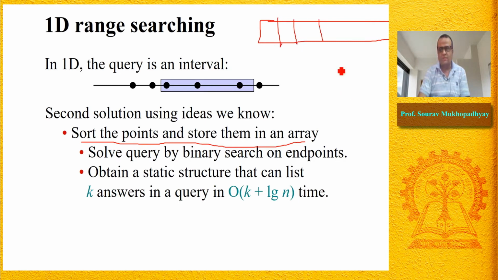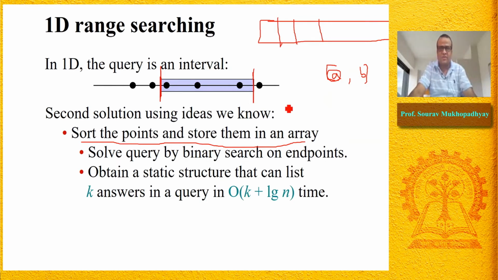Okay. Now we have a query. We have a range AB. Now we do the binary search with A. So suppose it is somewhere here, and we do the binary search with B, which is somewhere here. So in binary search we are returning the index, right?